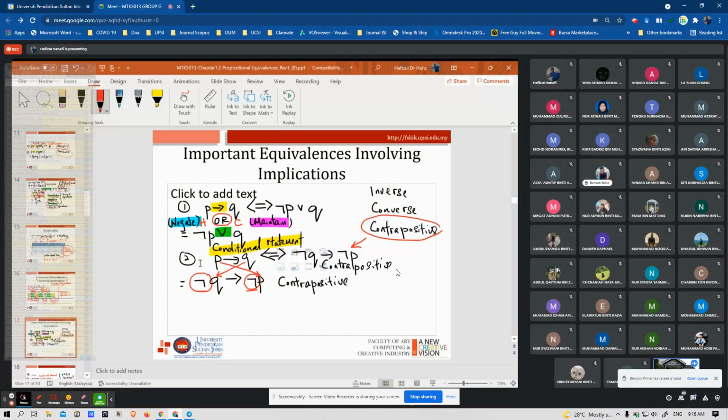Okay, we have here negate H or C, and then equivalent to negate P or Q. Okay, this one contrapositive. You first need to inverse and then converse, and then the third step is you need to contrapositive. I have explained this in last week. Last week you have known this one. Okay, we change the position and then you negate. Okay, this one is contrapositive.